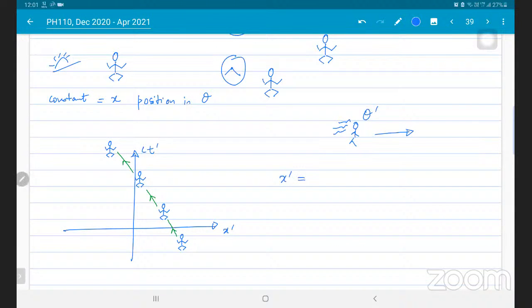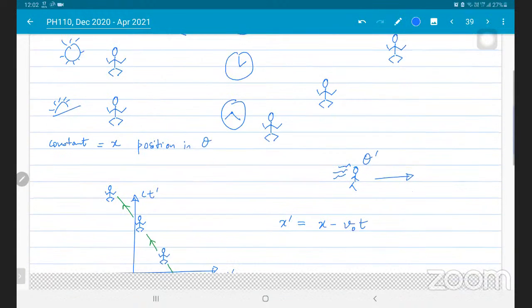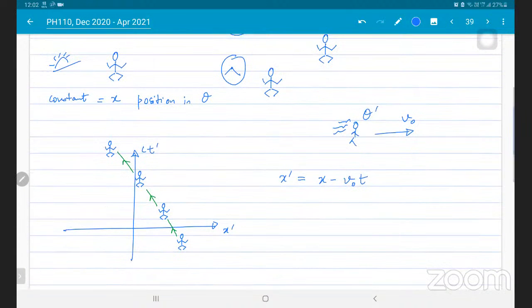So I have to use the Lorentz transformation. x prime is equal to gamma times (x minus v naught t), and t prime is equal to gamma times (t minus v naught x by c squared).